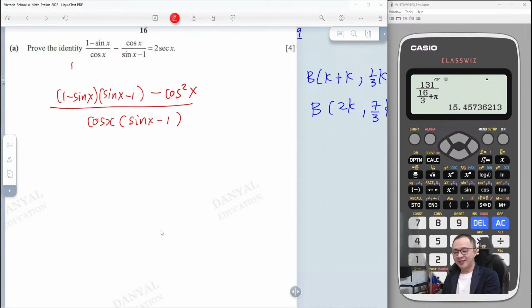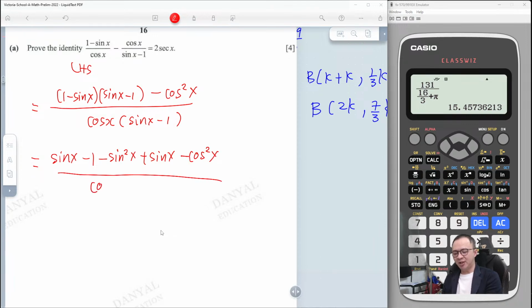I start from the left hand side, just in case some students have been lost here. Then I will expand as usual. So this one should be sin x, sin x minus 1 minus sin square x plus sin x minus cos square x.